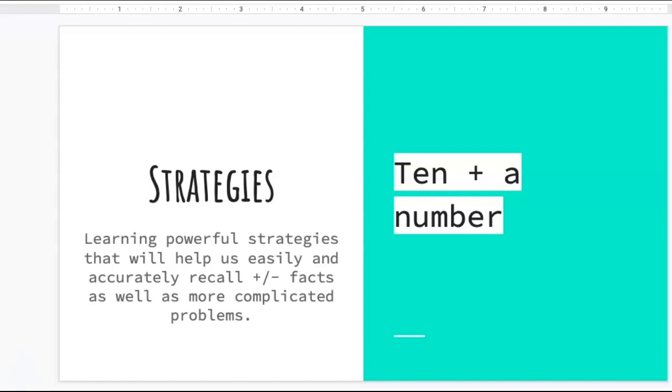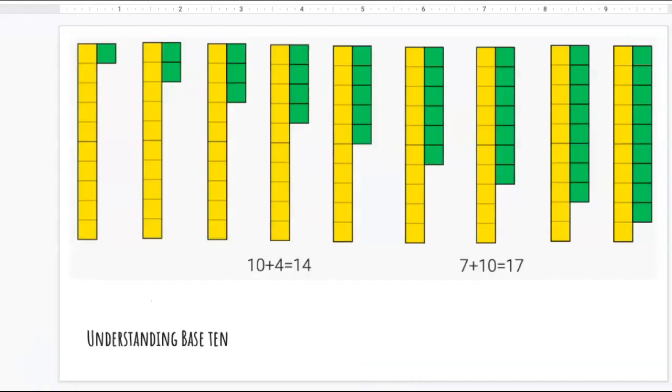This is more a review of place value and our base 10 number system than really a strategy. This is just understanding the pattern that if you have 10 plus any single digit number, you're going to only change the ones digit.